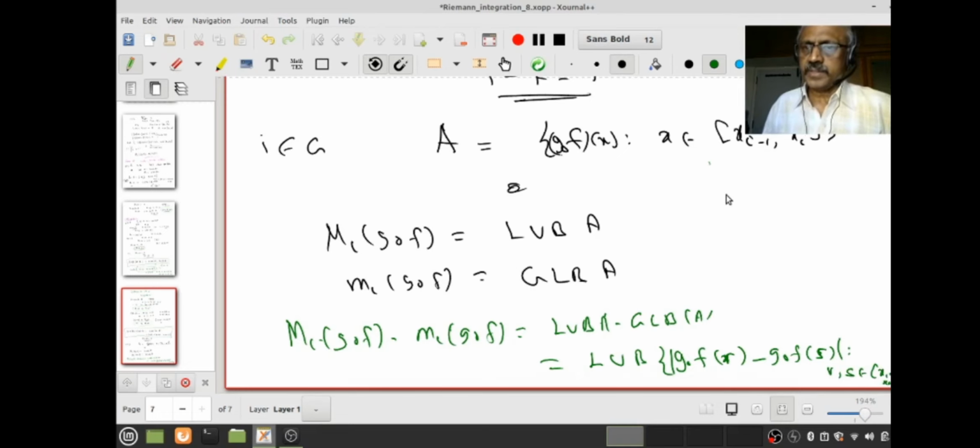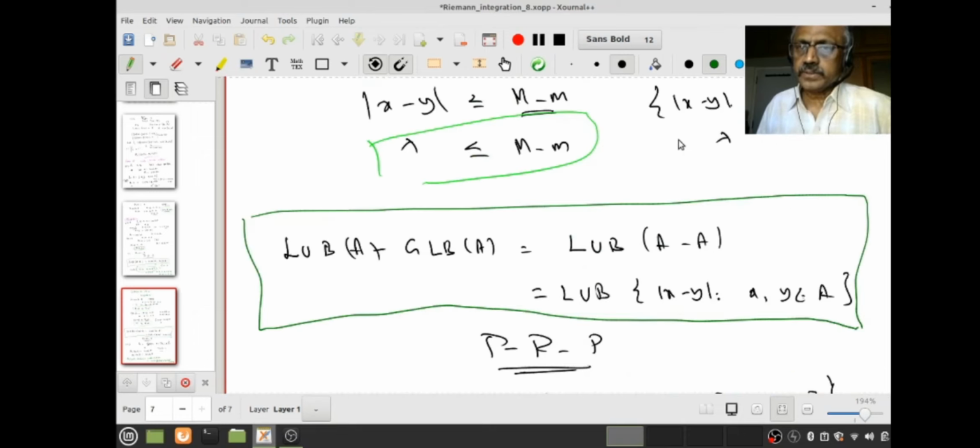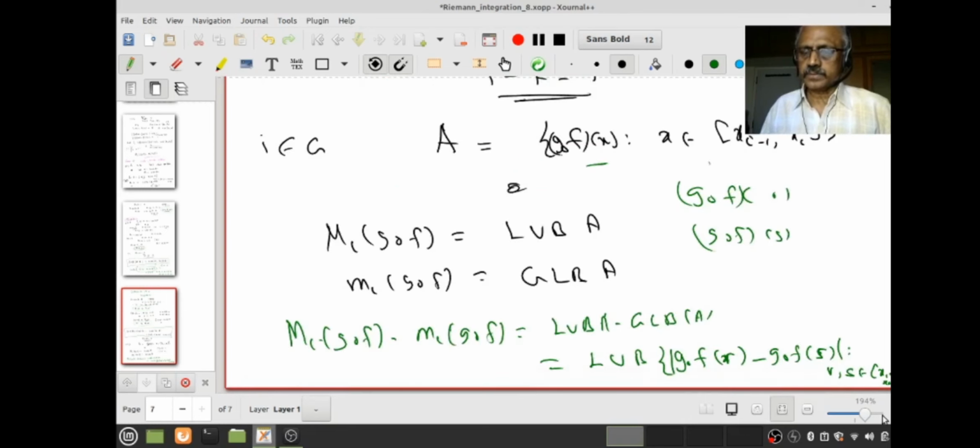Because what are the arbitrary things here? R and S I am taking. I have to take an arbitrary element here. An arbitrary element here I can write as G composite f at R, G composite f at S. You understand that? Yeah. Therefore what did I show? It is mod x minus y.